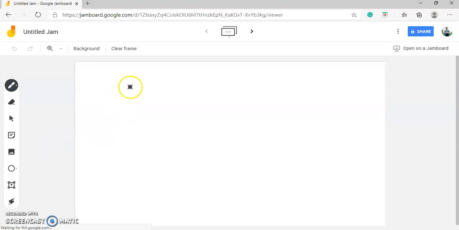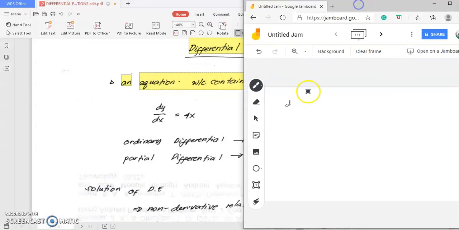So if you have, as written here, dy over dx is equal to 4x. So, how will you know how to solve this one?